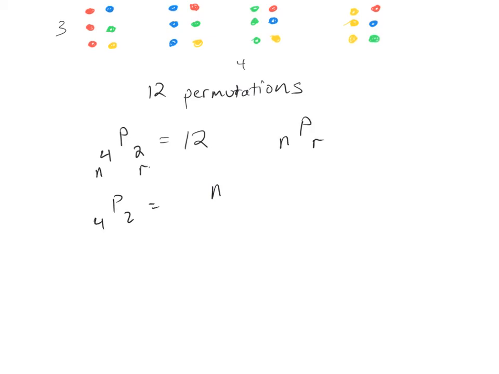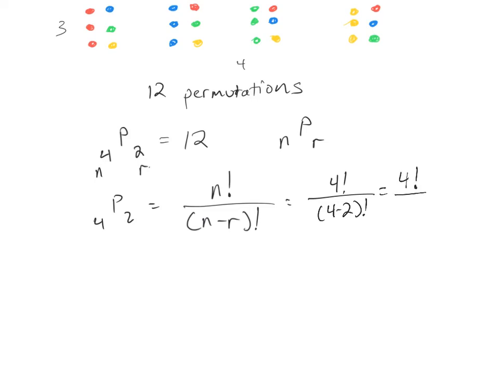So n factorial is divided by n minus r factorial. So here, this is 4 factorial divided by 4 minus 2 factorial, or 4 factorial divided by 2 factorial, which takes out the 2 factorial. So this is 3 times 4, which gives us 12 as our permutation.